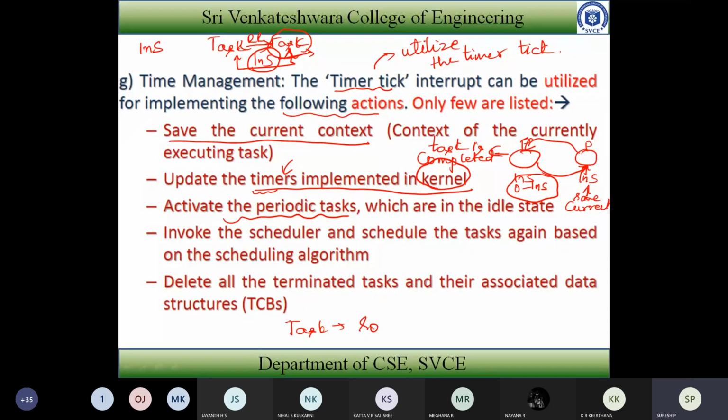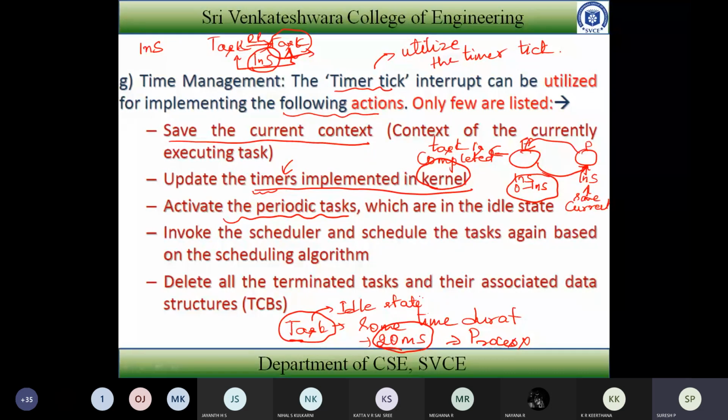For example, say 20 milliseconds is required for one process to complete. This particular periodic task requires 20 milliseconds. Presently this task is not running, so it will be in idle state. Whatever process or task is in the idle state has to be activated first.